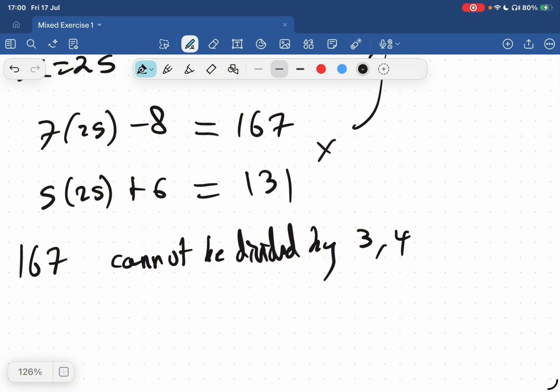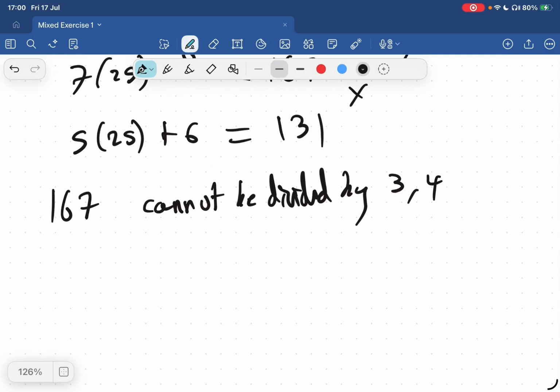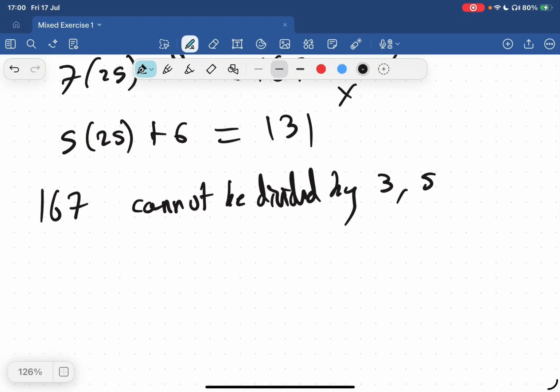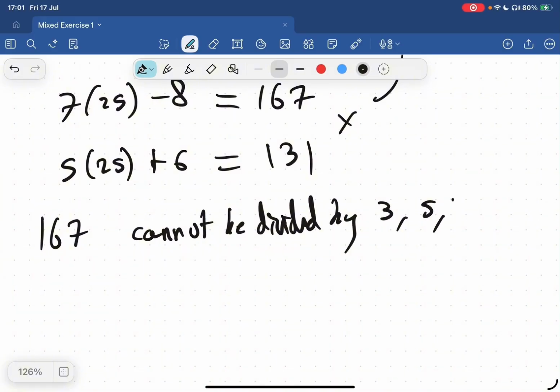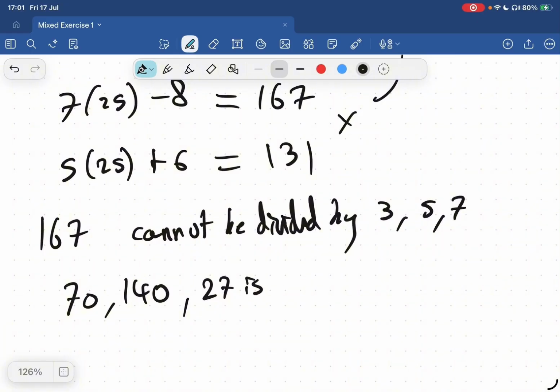Can't be divisible by 4 because it's not even. Can't be divisible by 5 because it doesn't end in a 0 or a 5. Can it be divisible by 7? Well, we have 70, 140, then 27 is not divisible by 7, so it can't be divisible by 7. You skip 8, skip 9.